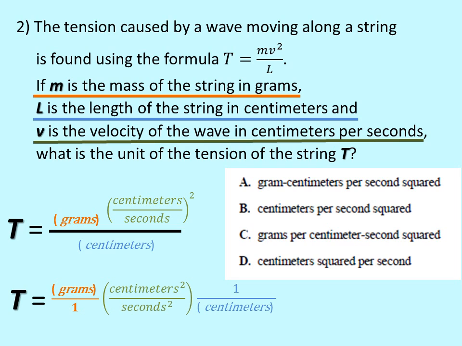Now you might want to go back and look at the answers that you got up there. Which one has centimeters in the top and not in the bottom? Also look back at the green. That fraction has seconds squared in the denominator, so we're going to have seconds squared in the denominator.